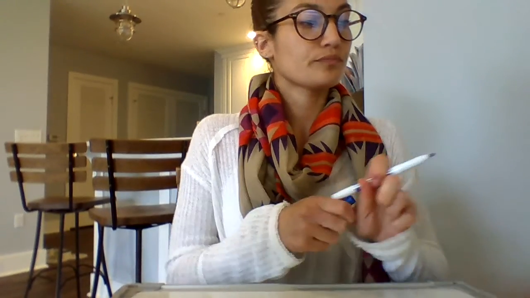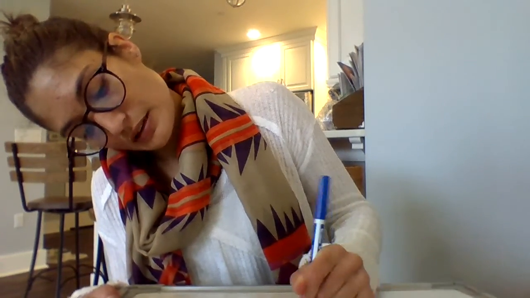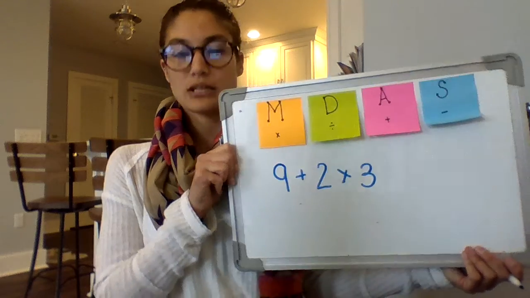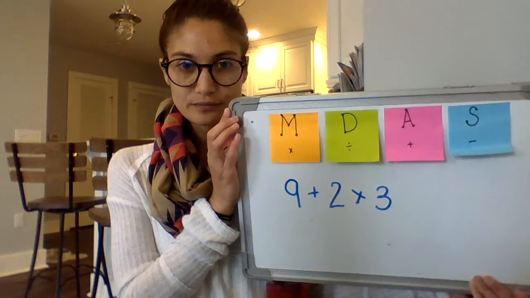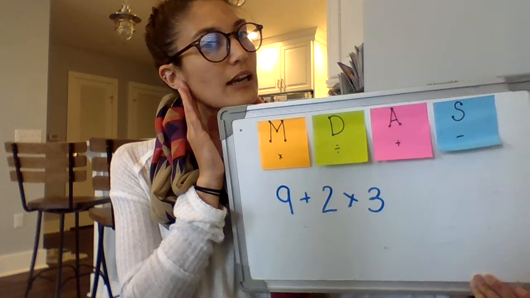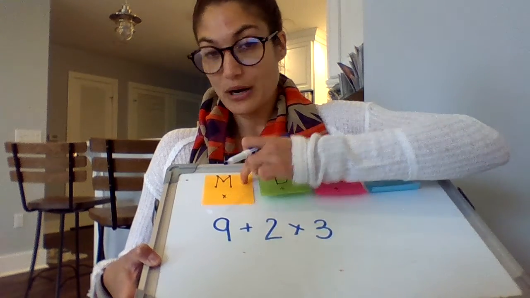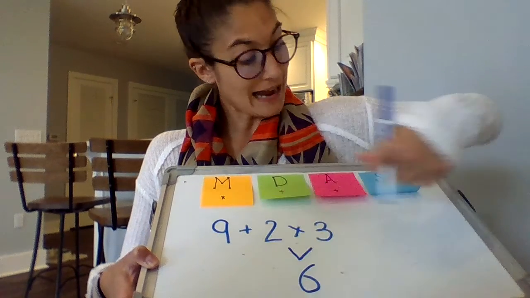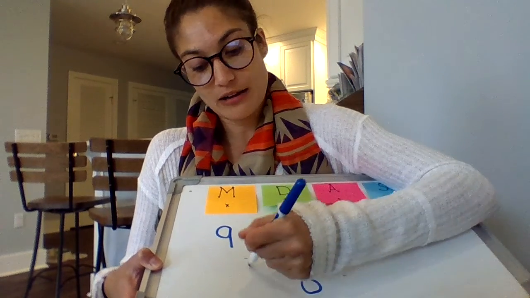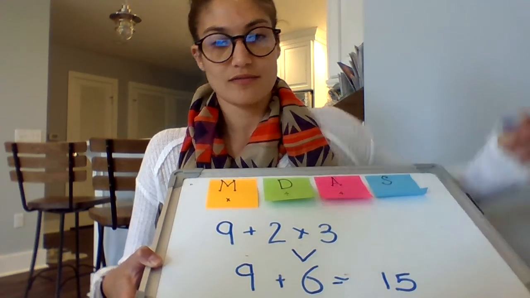Okay, so say I want to do 9 plus 2 times 3. 9 plus 2 times 3. All right, guys, you tell me, where do I need to start? Shout it out. Good. I need to do 2 times 3 first, because remember, multiply. 2 times 3 is 6. Look, now I can do my adding or subtracting. So now I would just do 9 plus 6, which equals 15.